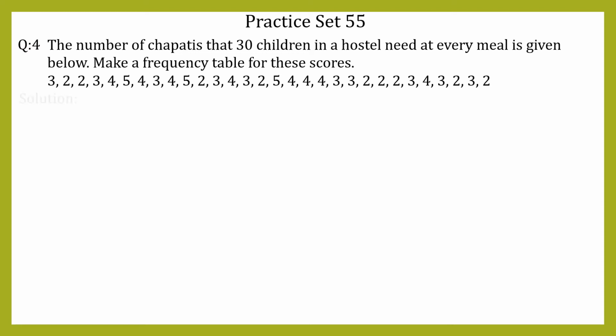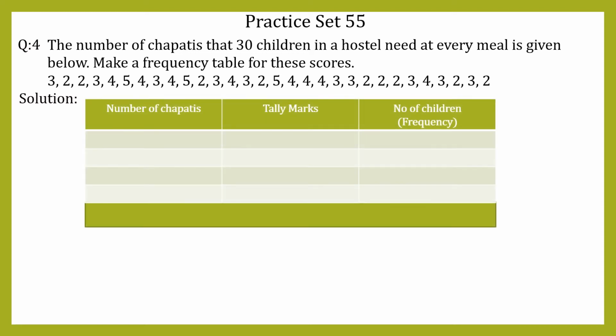Now, as you know, that frequency distribution table has how many columns? Yes, it has 3 columns. So the first column here will be number of chapatis. Second column will be tally marks. Third column will be number of children. That is nothing but frequency.